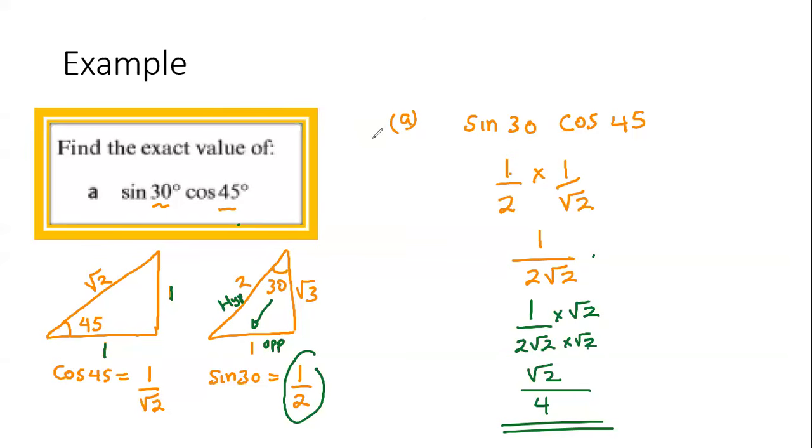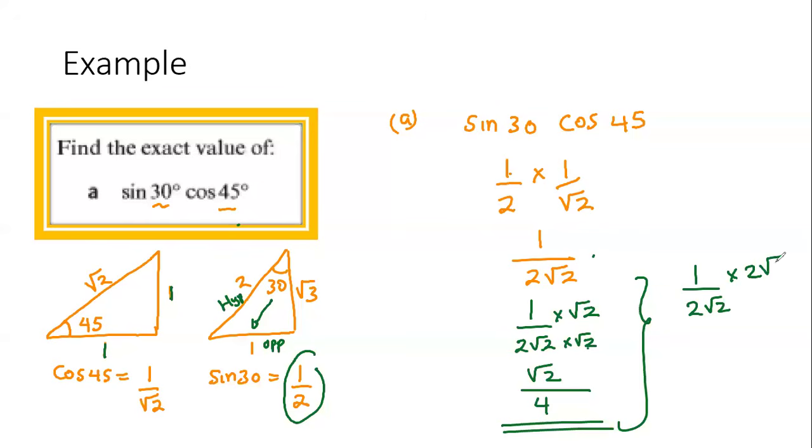Yes, Alison? Teacher, I was asking that during the part where you rationalized, do we only take the number under the root sign and leave the constant, that 2? Or I thought we had to take both.